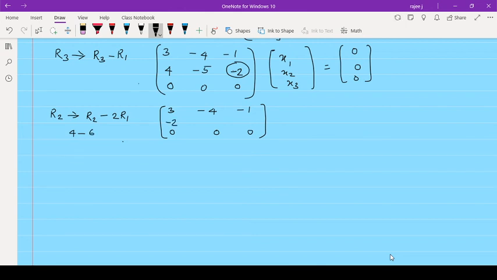Then second term, minus 5 minus 2 into minus 4, so minus 5 plus 8 will come, that is 3. And the third term is minus 2 into minus 1, so minus 2 plus 2, this is 0. Now it will be easier for you to solve.